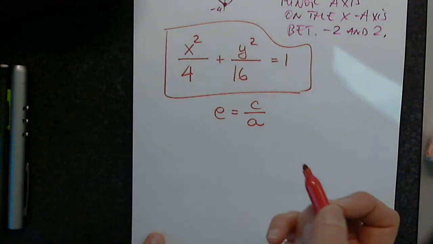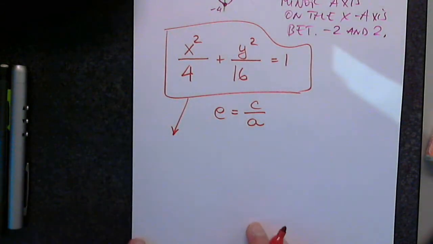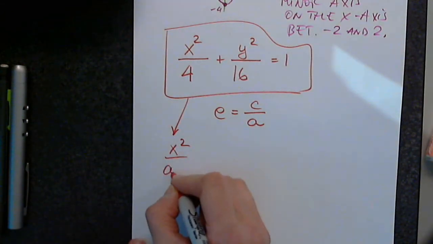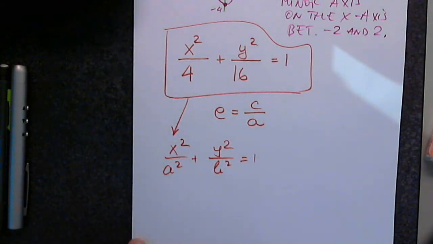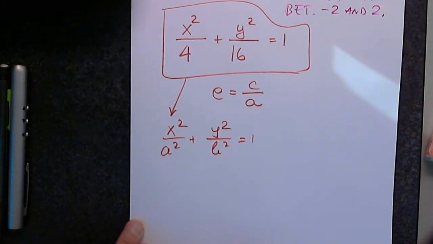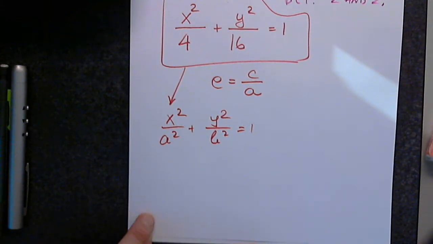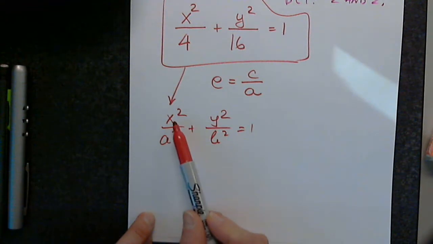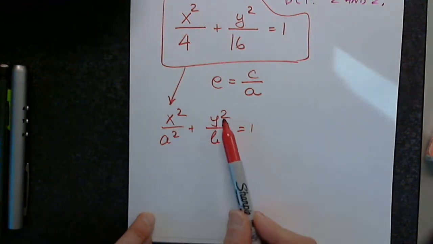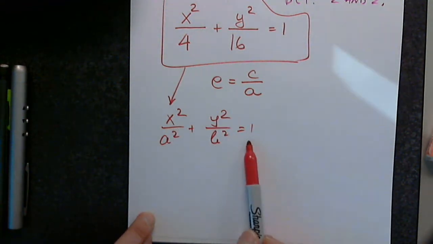The two forms of the equation of the ellipse are x squared over a squared plus y squared over b squared equals 1, and the other one, x squared over b squared plus y squared over a squared equals 1.